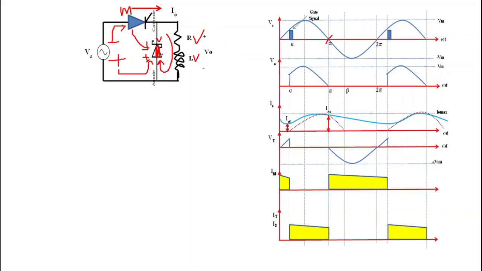When the current shifts into this loop and VAK is already less than 0 for the thyristor, the current across the thyristor becomes 0, or we can say that source current Is becomes 0. When the current across the thyristor becomes 0, the thyristor goes into reverse blocking mode, or we can say that the thyristor gets open circuited.